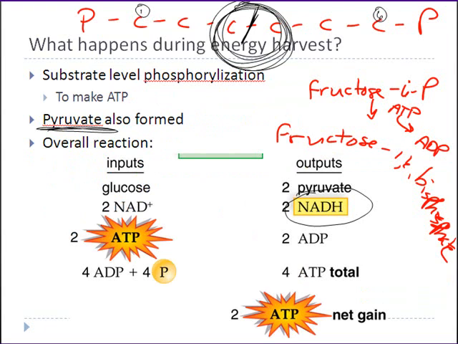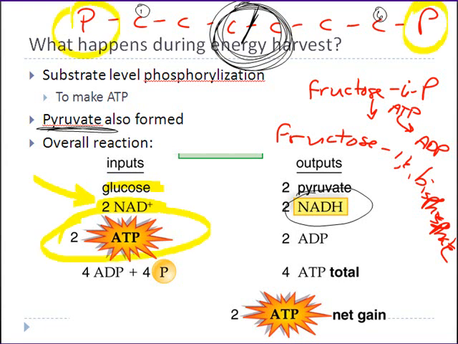So in the energy investment phase, we started out with a glucose molecule and a couple of NAD+, which is an oxidized version of NAD. We had to utilize 2 molecules of ATP to attach a phosphate group on each side of that sugar. And we also brought in 4 adenosine diphosphate molecules.